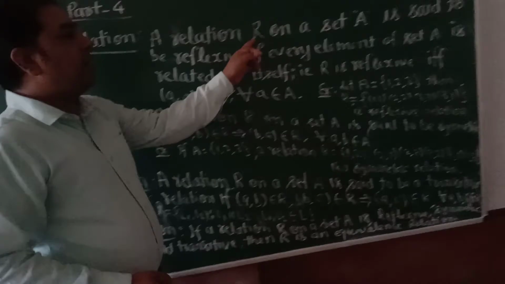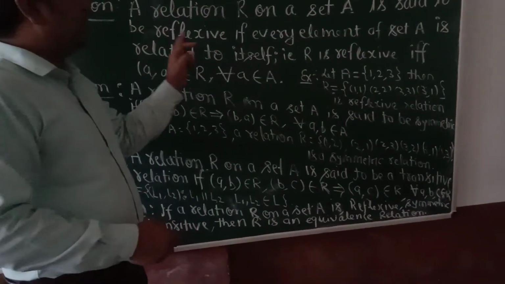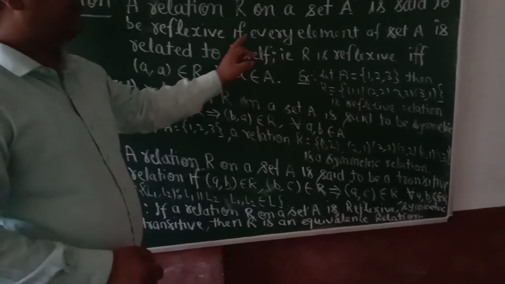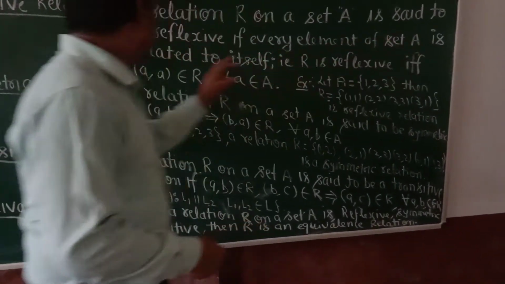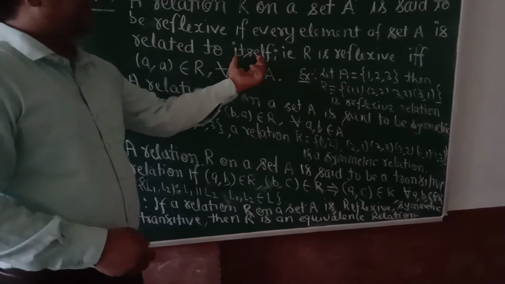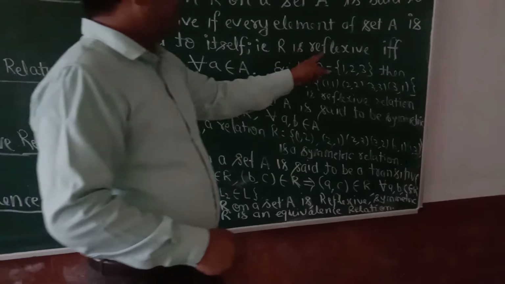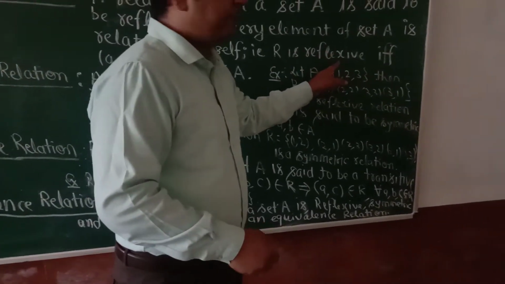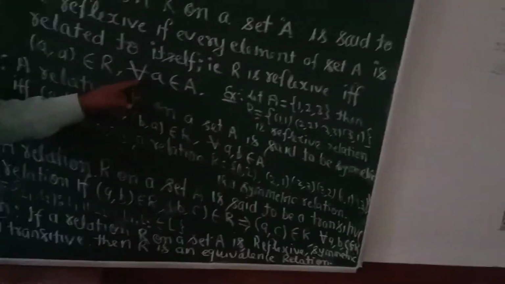A relation R on a set A is said to be reflexive if every element of set A is related to itself. That is, R is reflexive if and only if (a, a) belongs to R for all a belongs to set A.